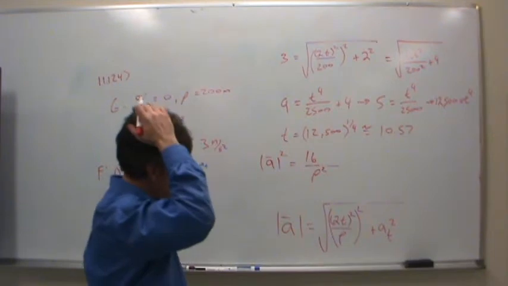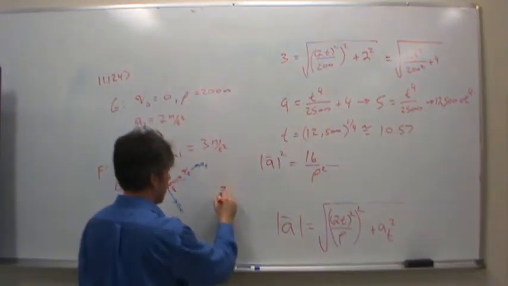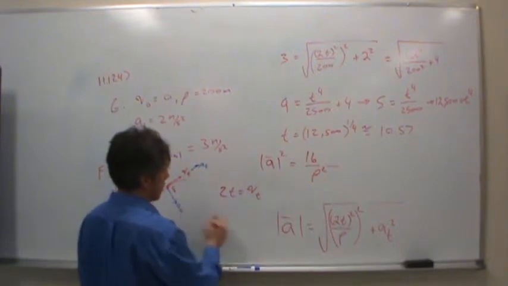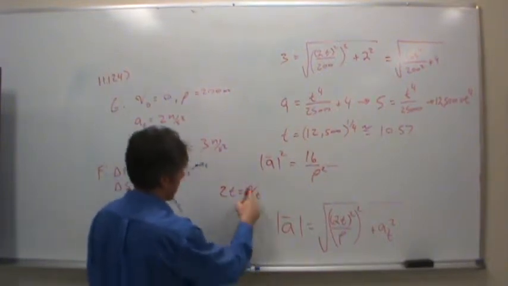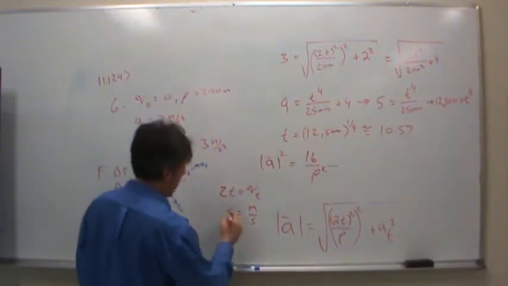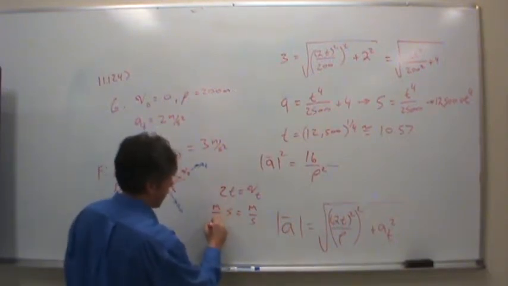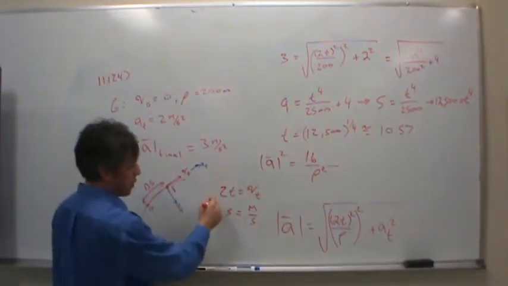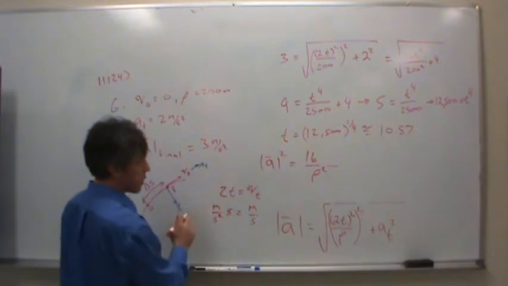Let me check real quick. We ended up with 2t equals vt. So since we have meters per second here equals seconds here, then that 2 should have units of meters per second squared. Yeah, so that would work out. So that 2 has units of meters per second squared.